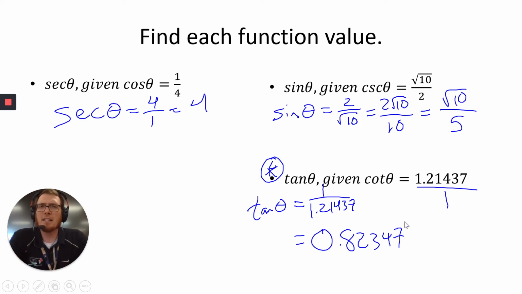When you plug things in on your homework, you'll want to actually find that answer. Don't leave it as 1 over the 1.2 number. Actually find it, and it's around 0.8. But if you just see a decimal like that, it's probably not a rationalized question like the one above it. It's going to be more of a, here's the decimal, find the decimal answer. So those are a few examples that should be easy to find based upon the fact that they're reciprocals of one another.